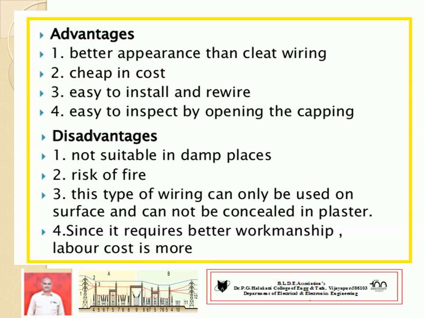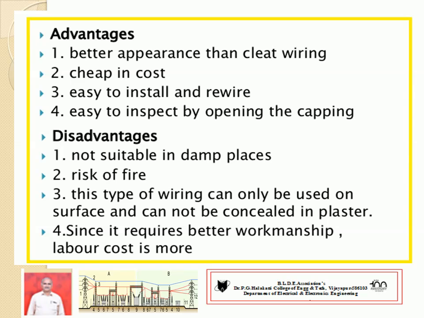It has better appearance as compared to cleat wiring, and it is also economical, easy to install, and physical inspection is possible. It is possible to rewire, and easy to inspect by opening the capping. The disadvantages: it is not suitable for damp situations, and there is a risk of fire.